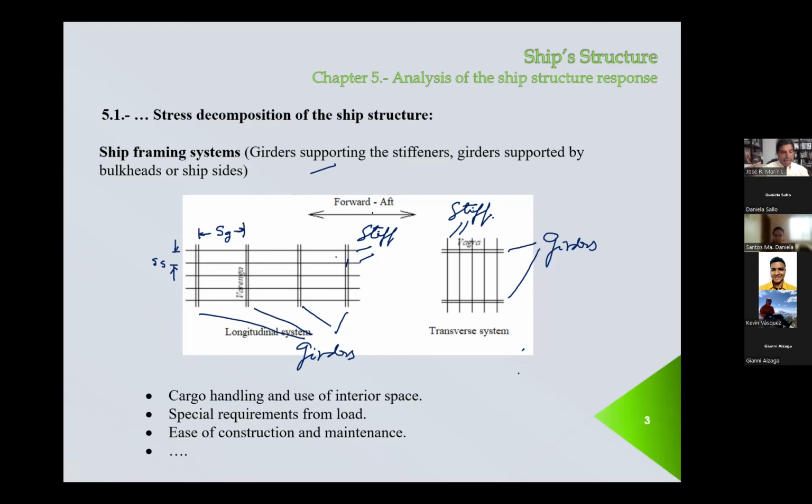That means that eventually it's not only a matter of the utility for the ship owner, but also the experience from the shipyard. Okay, for example, if they have more experience building ships with this type of framing, of course, this experience makes things easier for them.